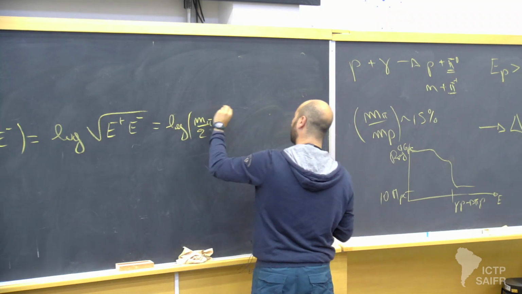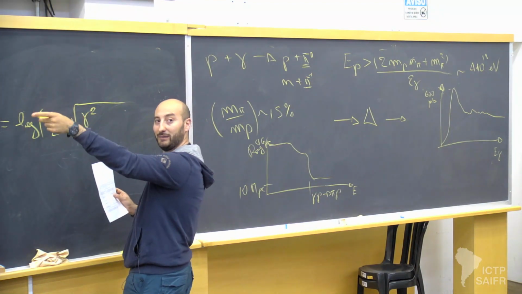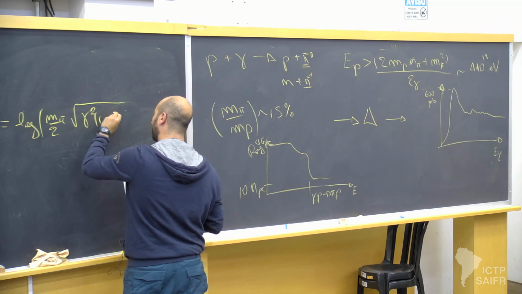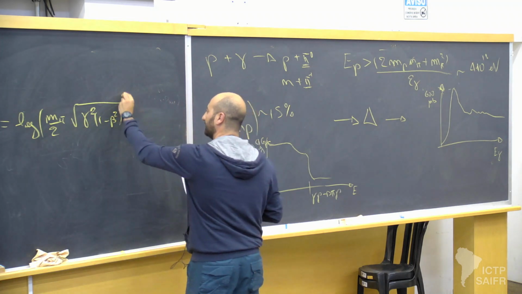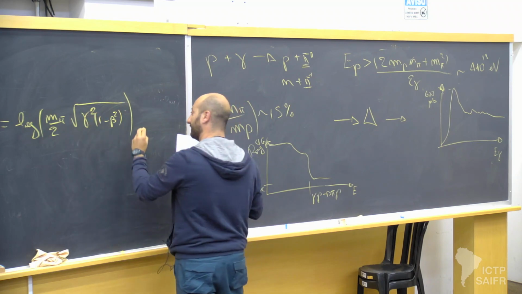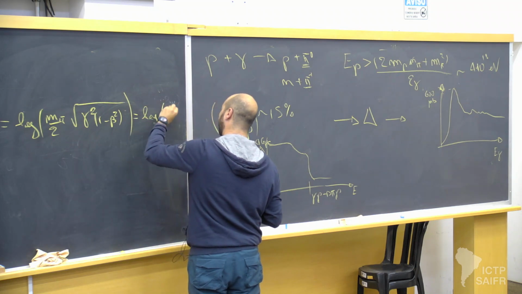This is log of m_pion over 2. There is a square root of γ squared, and then there is a 1 plus β for the max, 1 minus β for the min, 1 minus β squared. This is 1 over this. There is a piece of magic, and this is just the log of m_pion over 2.